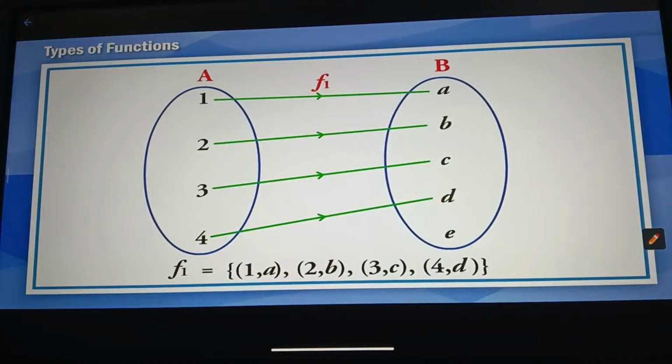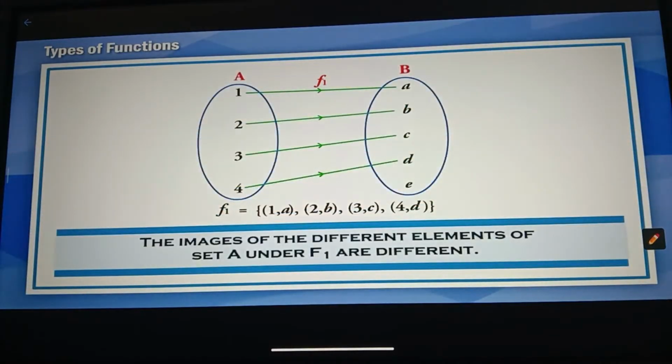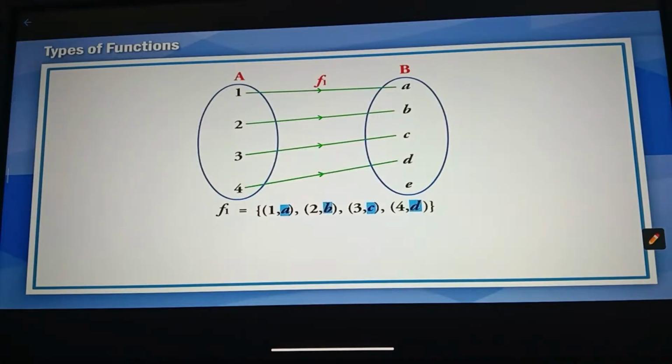Observe that different elements of set A have correspondence with different elements of set B. That means the images of different elements of set A under f1 are different. We can also say that no two ordered pairs have the same second coordinates.